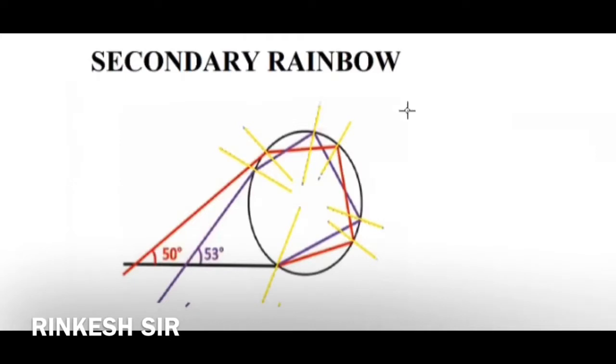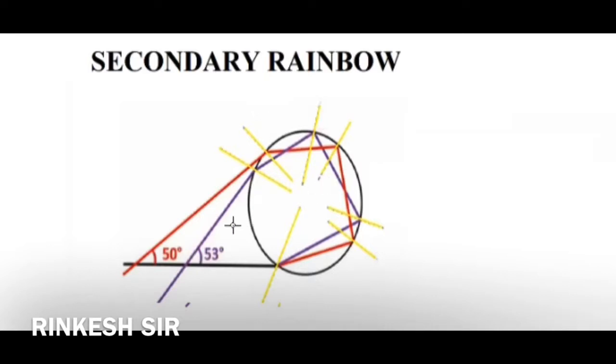You can see here that at the internal surface it undergoes total internal reflection. Once again it undergoes internal reflection. So due to this second internal reflection, the intensity in the secondary rainbow is lesser compared to the primary rainbow.